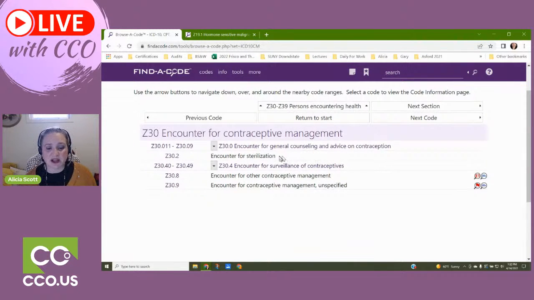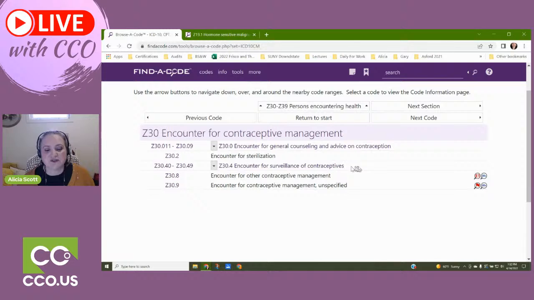And then there's also encounter for sterilization. This could be used for male and female. Encounter for surveillance of contraceptives. In other words, the only reason you're going is because you need a refill. Actually, that would be contraceptive management.